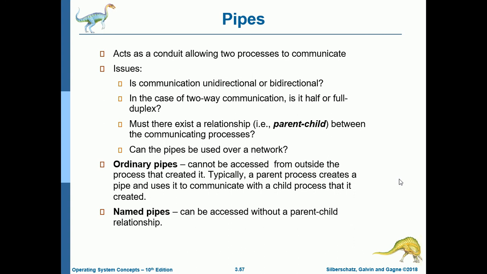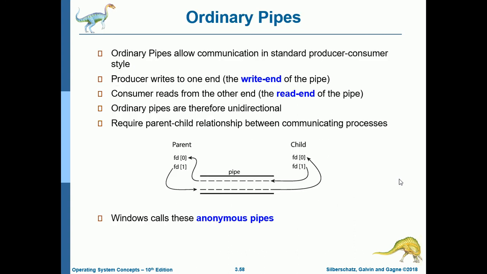Ordinary pipes allow communication in standard producer-consumer style. The producer writes to one end, the write end of the pipe, while the consumer reads from the other end, the read end of the pipe. Ordinary pipes are therefore unidirectional, and require a parent-child relationship between communicating processes. So that's why ordinary pipes are usually parent-child.